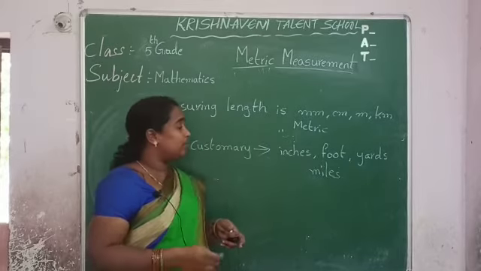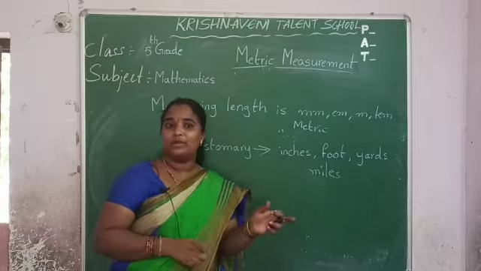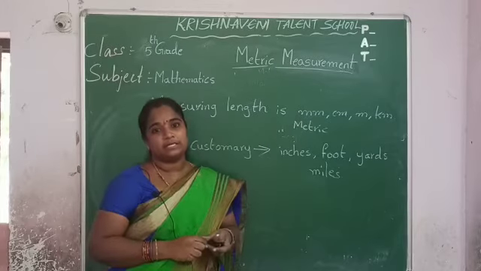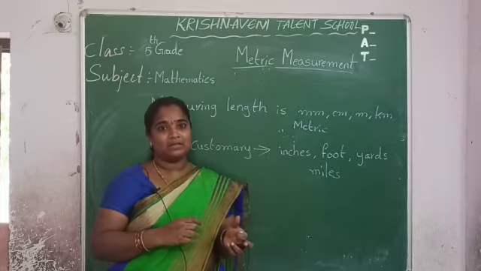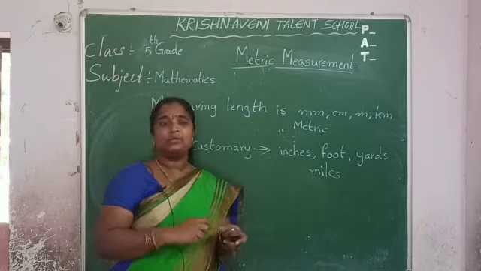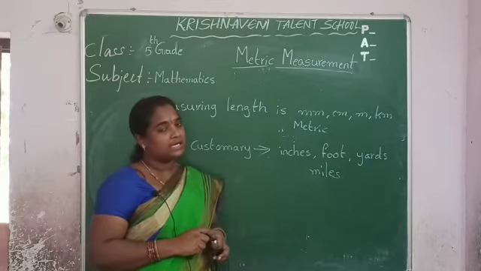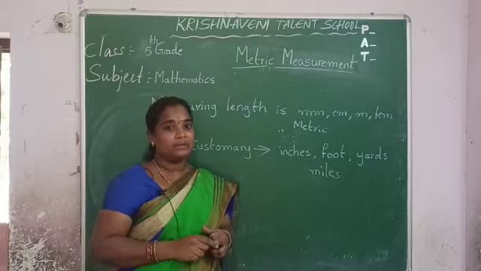Yards. For example, what is the height of a person? There you can use feet and inches. The person's height is 3 feet, 4 feet, 3.5 feet. Like that you are using, no. So there you can use inches and feet. Next, yards, feet, miles.